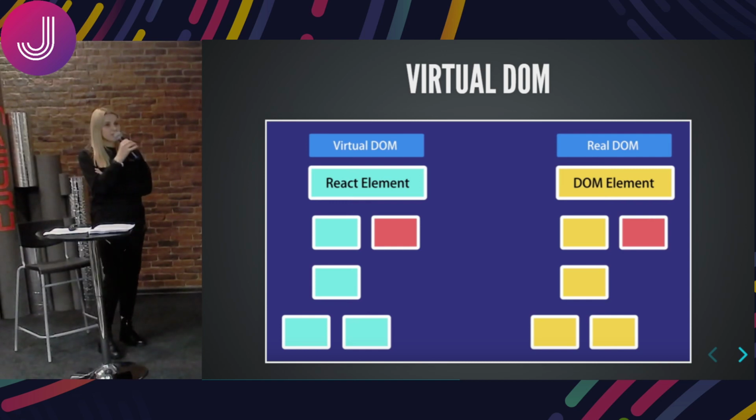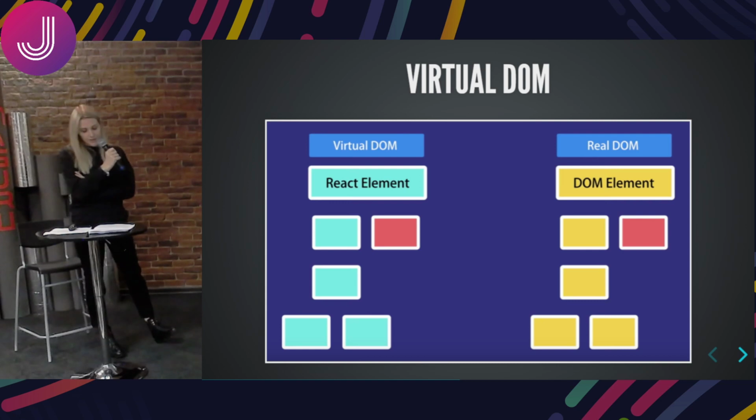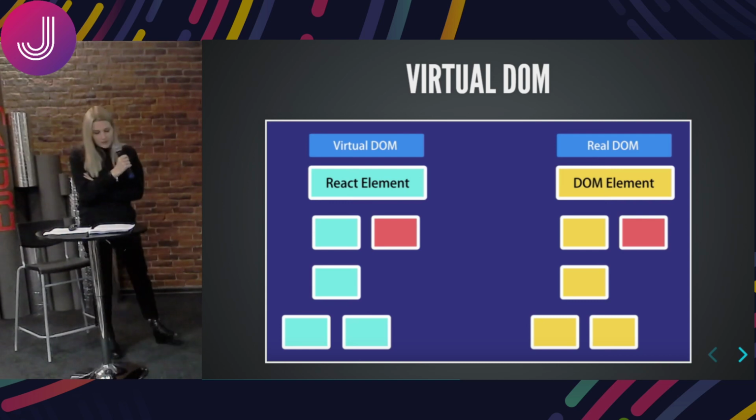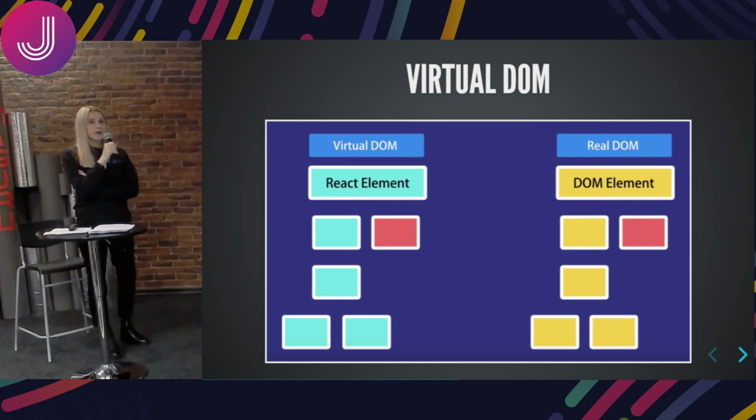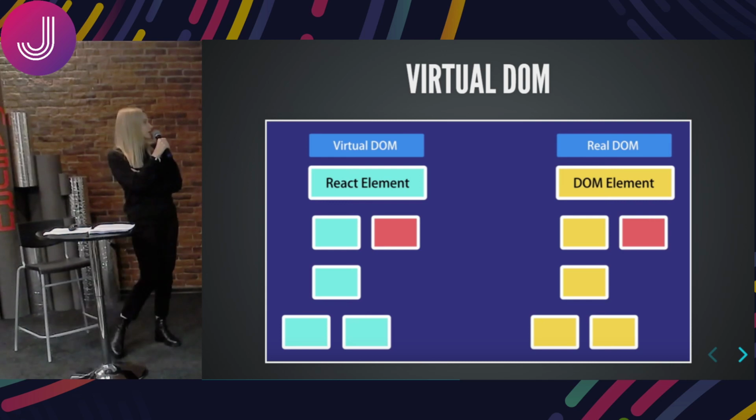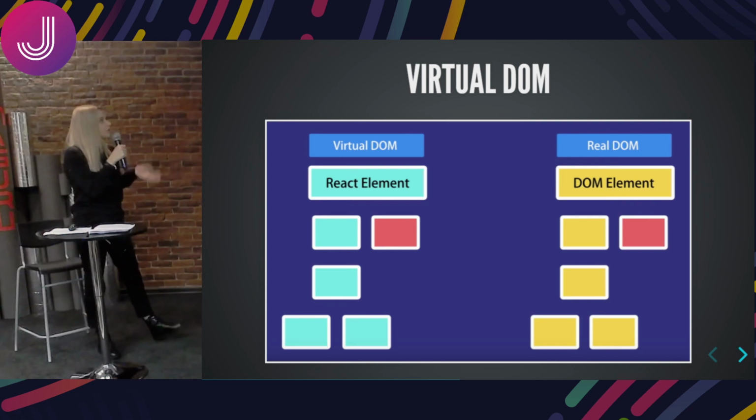Reconciliation is the process through which React updates the DOM. When a component state changes, React has to calculate if it is necessary to update the DOM. React does this by creating a virtual DOM and comparing it with the current DOM.